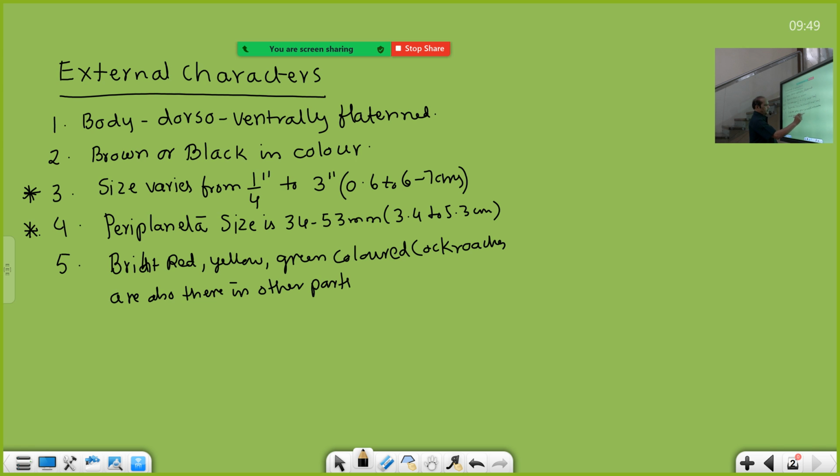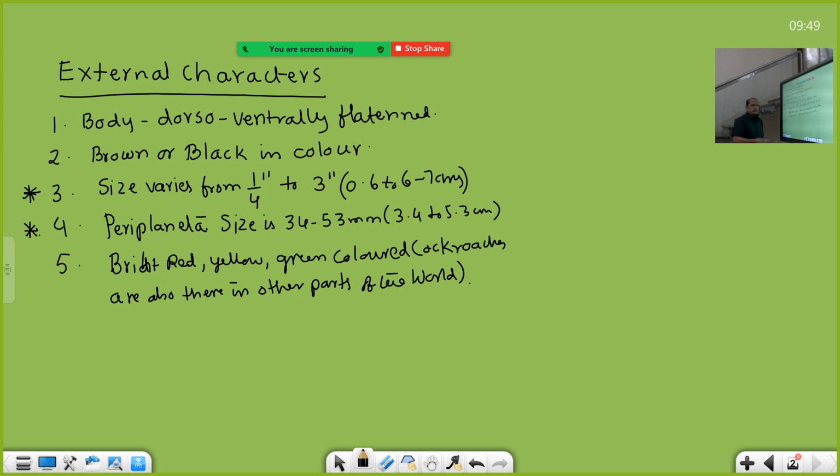So regarding color and size, the color varies between brown, black, red, yellow or green. But our cockroach is brown cockroach, and our Indian cockroach is black cockroach. So brown or black in color.